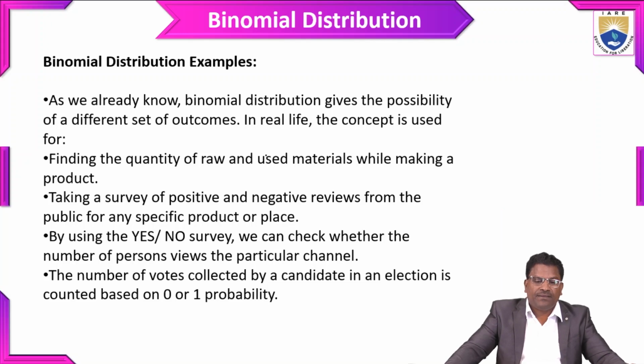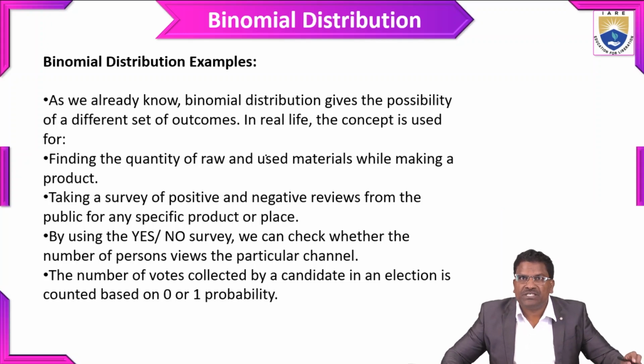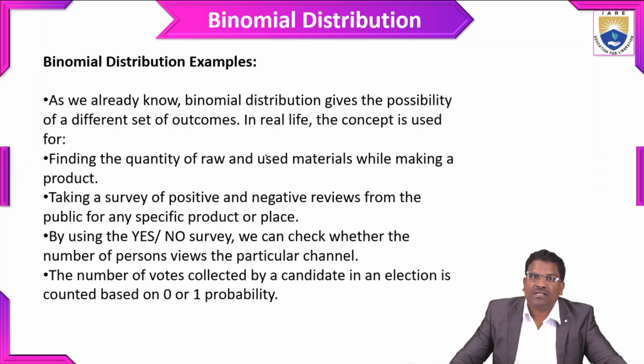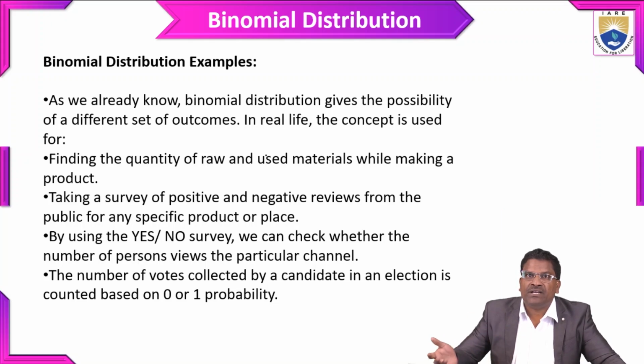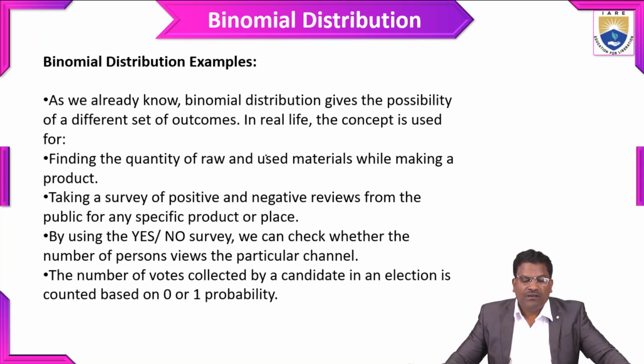Now let us see some binomial distribution examples. As we already know, binomial distribution gives the possibility of a different set of outcomes. In real life, the concept is used for finding the quantity of raw and used materials while making a product.